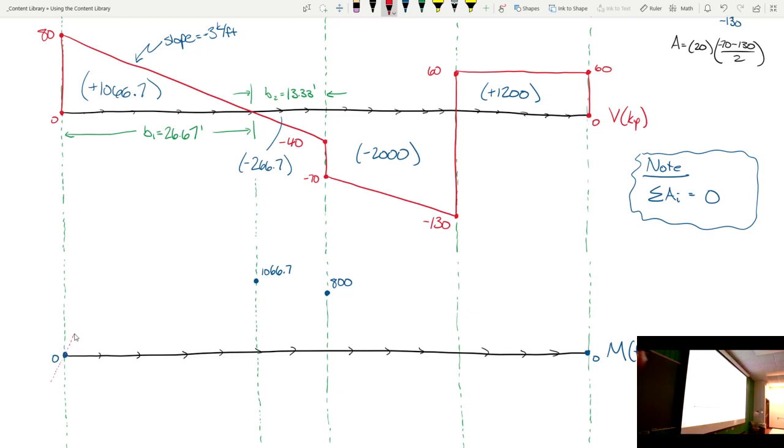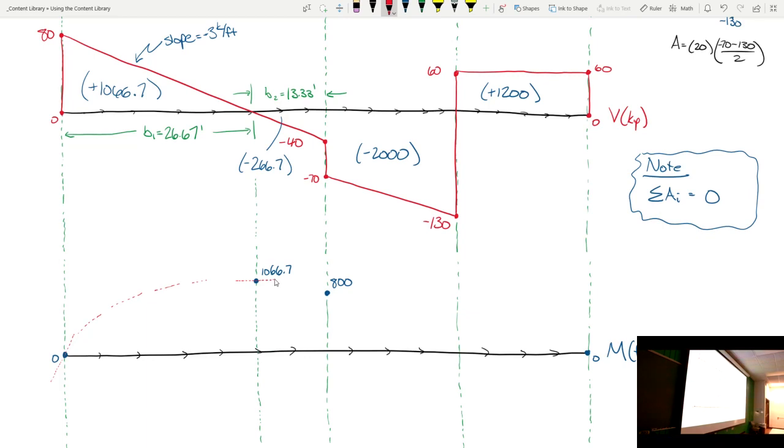Now, what's happening to the shear diagram from here to here? The shear diagram is getting smaller. We're going 80, 70, 60, until right here where the shear diagram is 0. So what's happening to the moment diagram is the slopes have got to decrease until we get to 1066.67 and the slope is 0. Does that make sense?